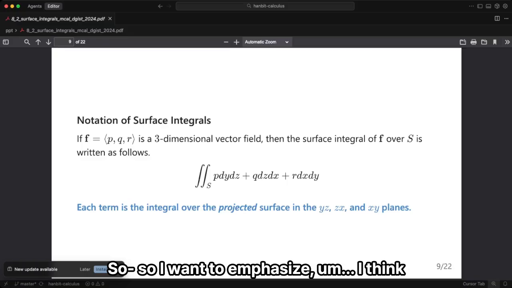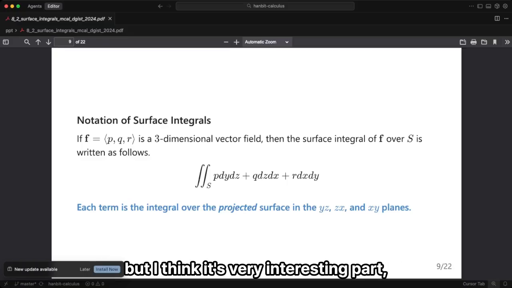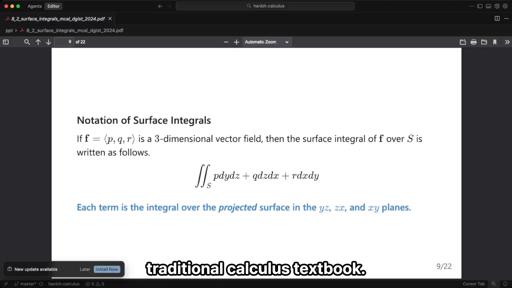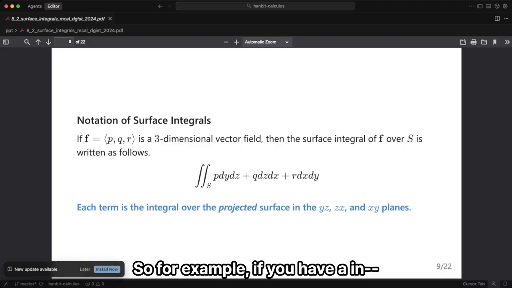And there's one thing I want to emphasize. I don't have time to explain this in full detail, but I think it's a very interesting part, and it also does not appear in most traditional calculus textbooks. If you write your surface integration this way, each term means that you're projecting your surface onto certain planes. You can split these three terms into three surface integrations.